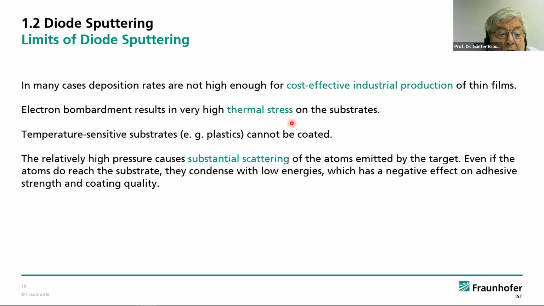It was not possible to coat temperature-sensitive substrates. Production of a CD or even polyester foils, polymers, was not possible at that time. As I said, you have a high pressure and substantial scattering of the atoms. If they reach the substrate, they are maybe thermalized. That means they condense with low energies, and the coating quality is often not so good.